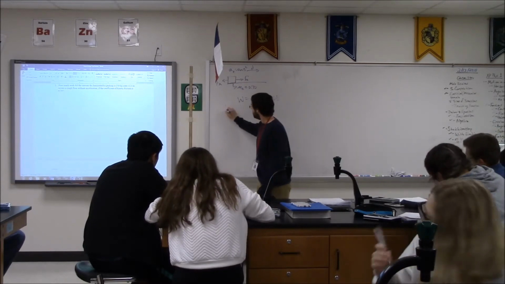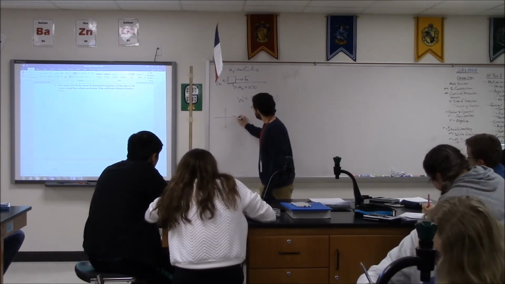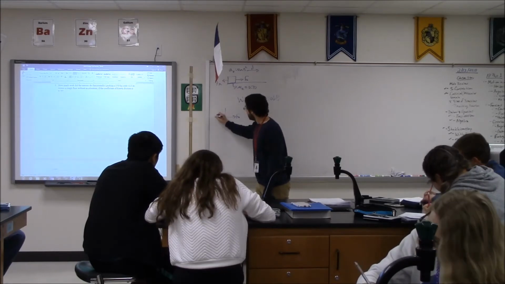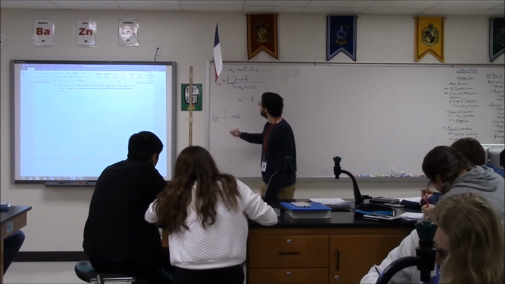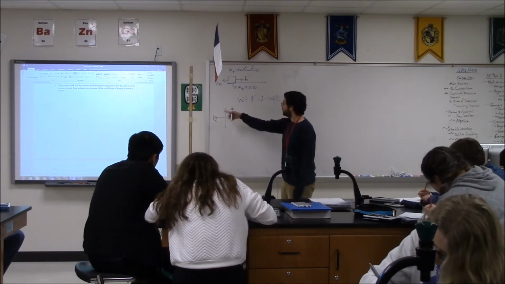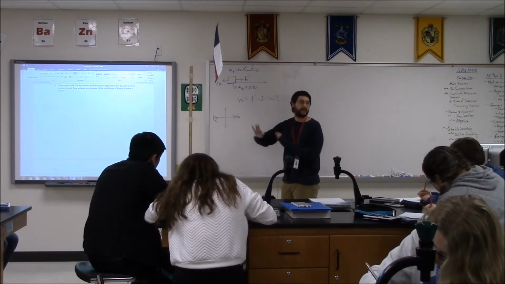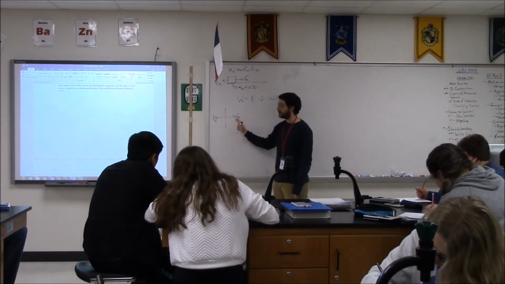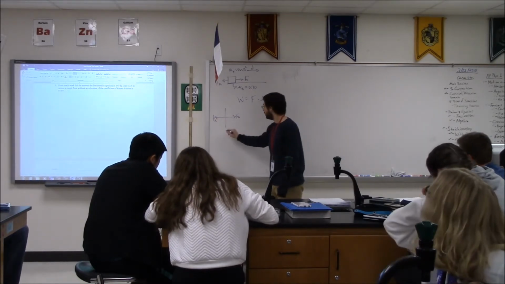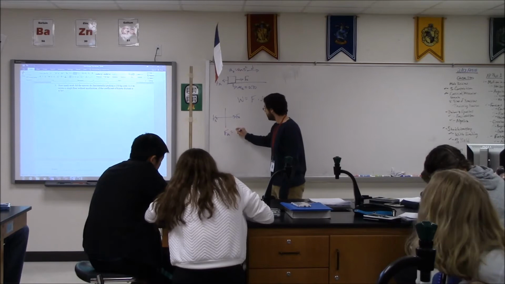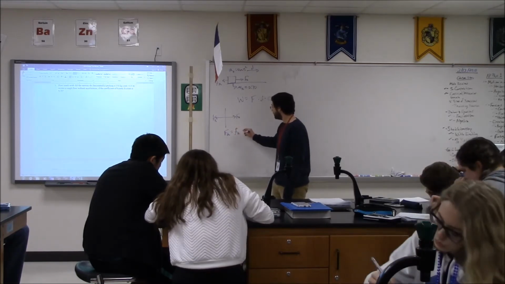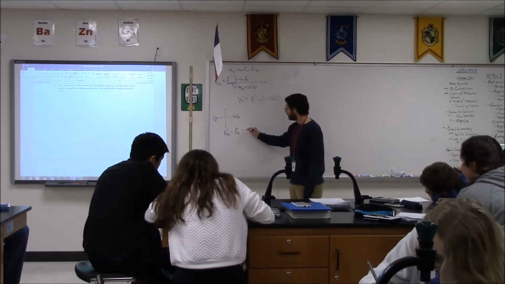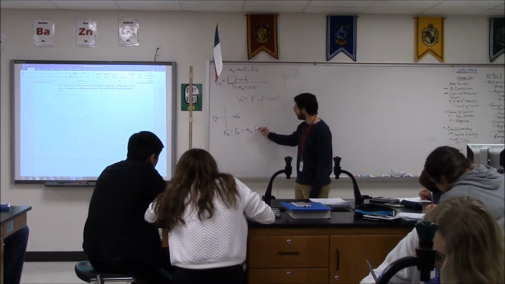So I need to do some F net statements. So I'm going to have force applied, and I'm going to have that frictional force over here. And there's no acceleration in the x-axis, means they must be pushing at a constant velocity. So what can you say about these two things then? They must be equal. So the force applied must be equal to the force of friction, which we know is also equal to the coefficient of friction times the normal force.